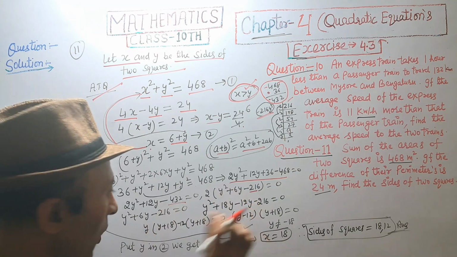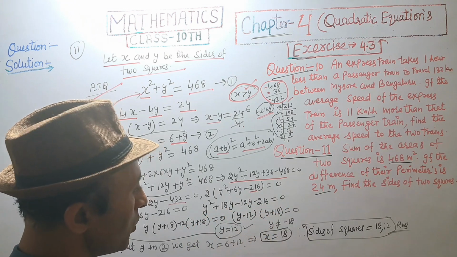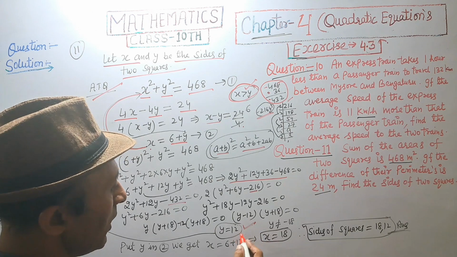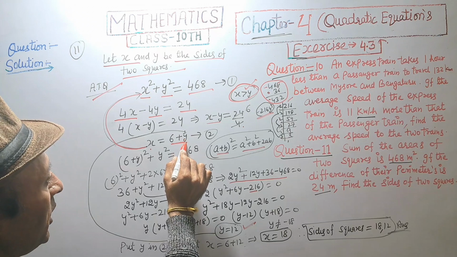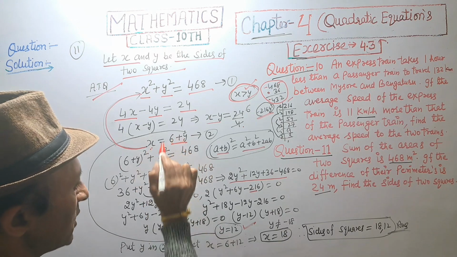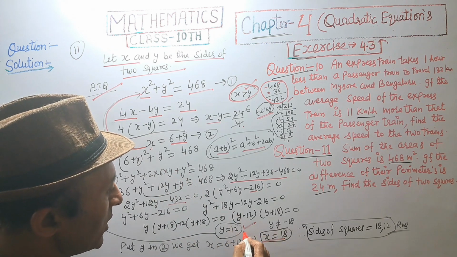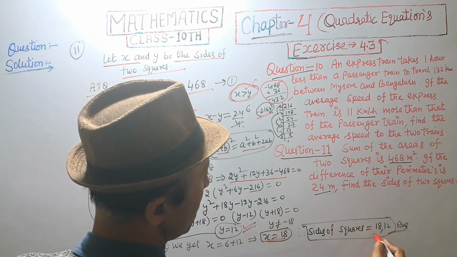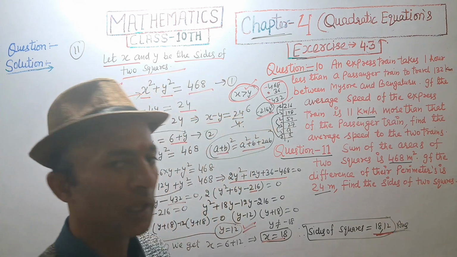One time y minus 12 and one time y + 18 equal to 0, that will be y is equal to 12, and putting the value y is equal to 12 in the second equation, we get the value of x, that is 12 + 6, 18. x is equal to 18 and y is equal to 12. Sides of squares are 18, 12. Answer. Thank you so much.